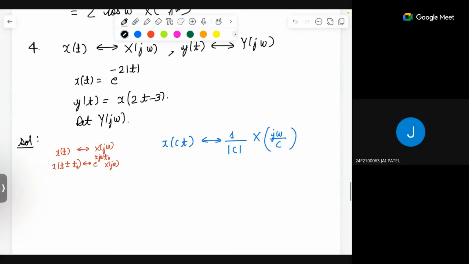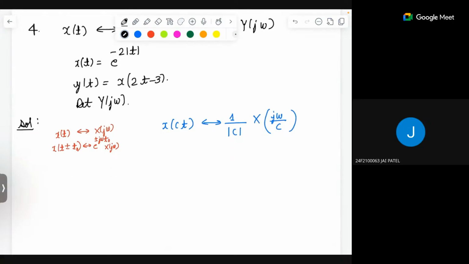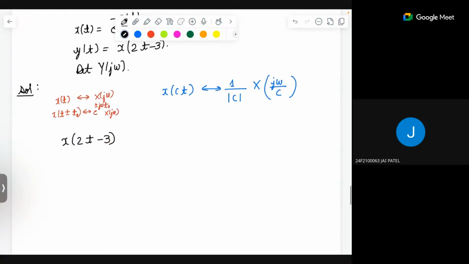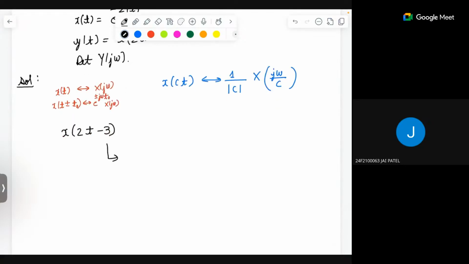Okay, so now let us start solving. First, we will find y of j omega in terms of x of j omega, then we will substitute. So I have x of 2t minus 3. I will do shifting first. So this gives me e raised to the power of minus j 3 omega x of j omega according to the property of time shifting. Now I will use time scaling, the one written in blue.